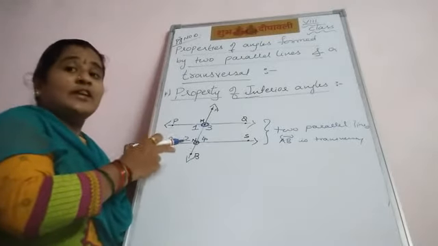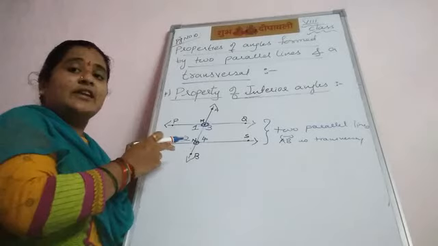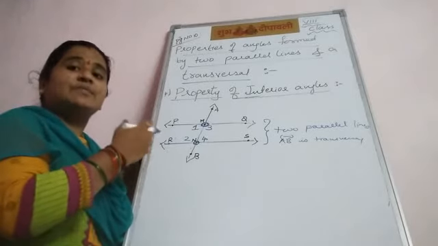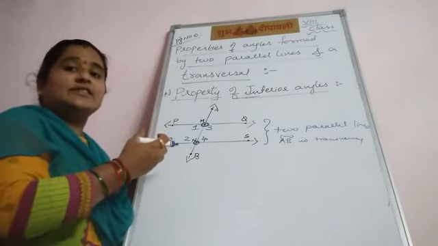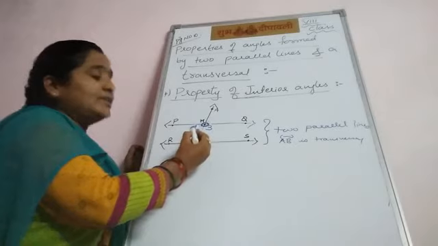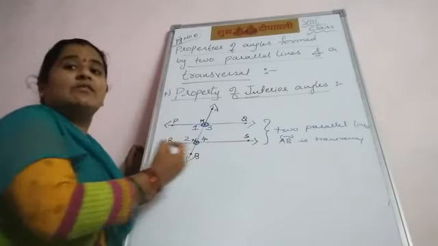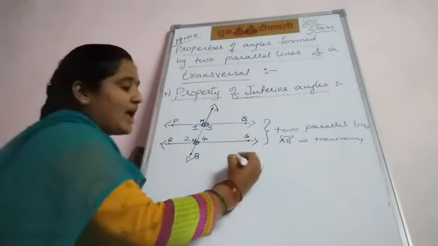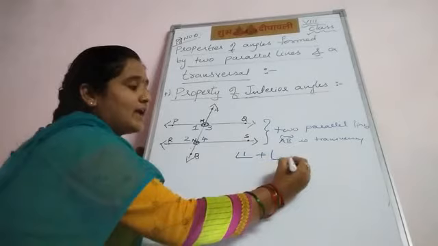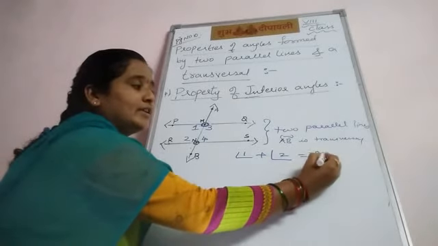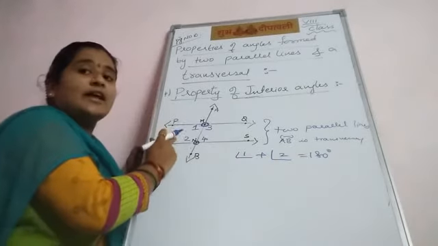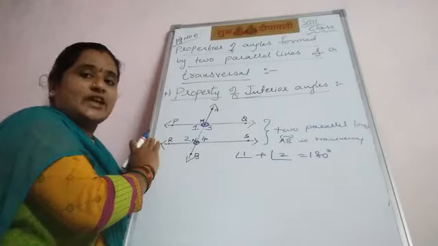Now, when two parallel lines are there, here our property is that interior angles make 180 degrees. That is supplementary. Angle 1 plus angle 2 equal to 180 degrees. See here, two angles are taken on the left side.